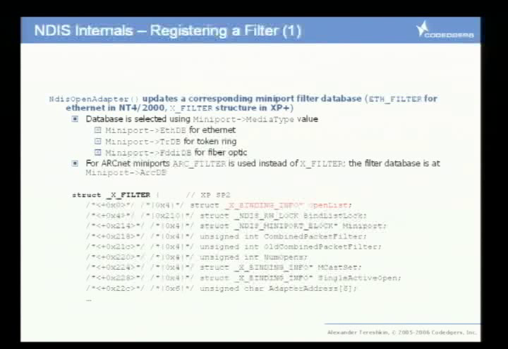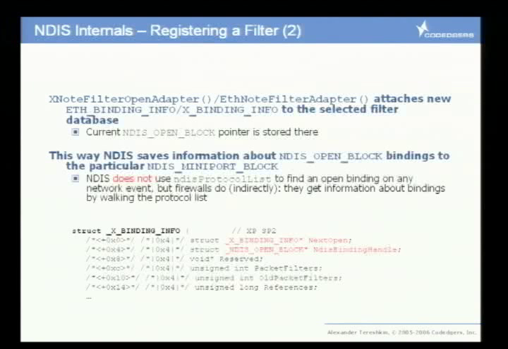The Miniport structure is called ndis miniport block. The XFilter structure has one interesting field called the open list. This is a singly linked list of x-binding structures, and these structures actually contain our pointer to the just registered open block.